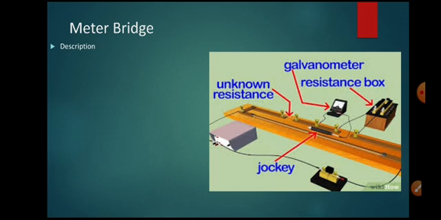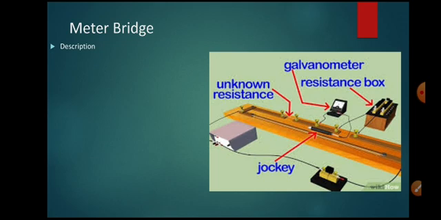So by using the meter bridge, we can measure the unknown resistance of a given wire, and we can calculate the specific resistance of a given wire. We can calculate the specific resistance of the given wire, or you can calculate the resistance.